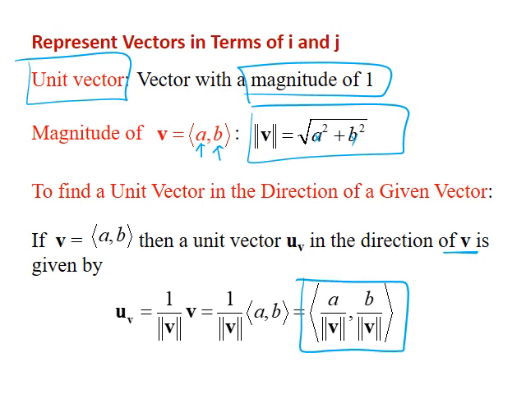So basically it becomes the same vector divided by the magnitude of whichever vector we are interested in the direction of. So that's kind of confusing. So let's look at an example to really hammer this in.